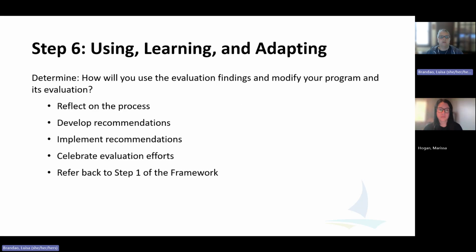So part of the using, learning, and adapting is to reflect on the process of the evaluation and the process of program implementation, to develop some recommendations if it makes sense, to implement some of those recommendations, to celebrate the fact that you've done this evaluation, you've gotten some data, you've gotten some information, you've made some recommendations and maybe implemented those, and then go back to your framework to step one and start all over again, because chances are that there might be some things that need to happen.